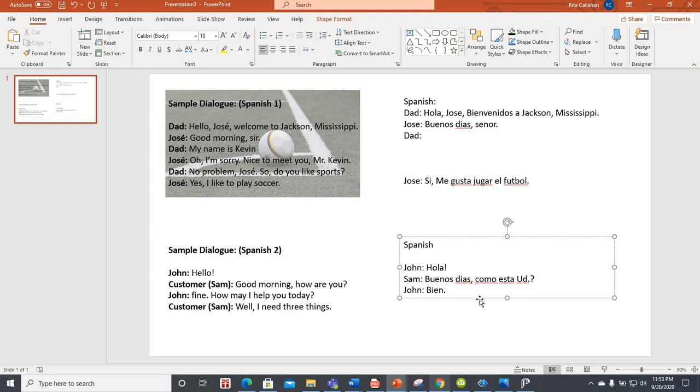That's very important. I remember that one of our question words was how. I don't know how to do the upside down question mark, so I'm just going to do a regular question mark so Ms. Callahan would know that I understand it needs to be there. So cómo, I'm looking at my Cornell notes and I see that cómo is how. How may I help you?